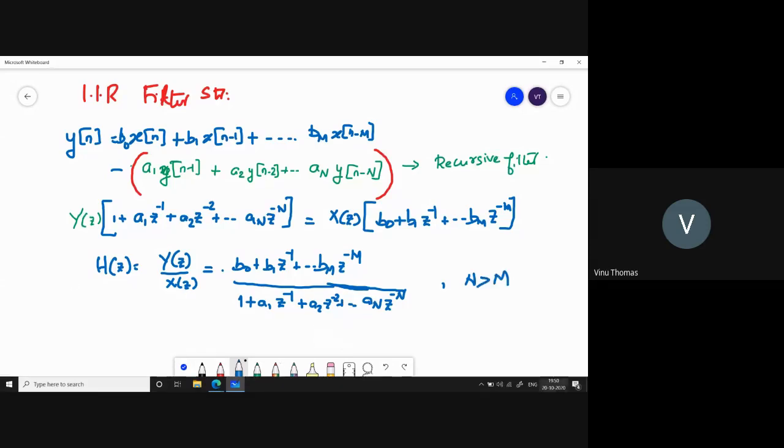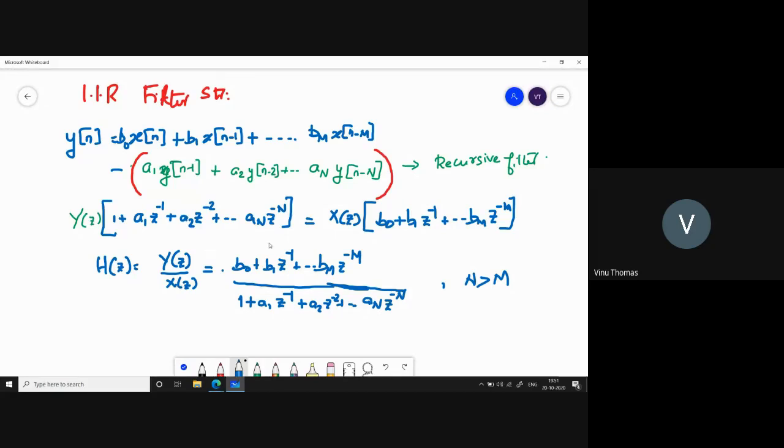Why do you say n should be greater than m? Suppose n is less than m, for example, m could be 10 and n could be 5. So the numerator polynomial will have a higher order and the denominator polynomial will have a lower order, which means that you can divide the numerator polynomial by the denominator polynomial and write it as a constant plus the remainder divided by the denominator polynomial.